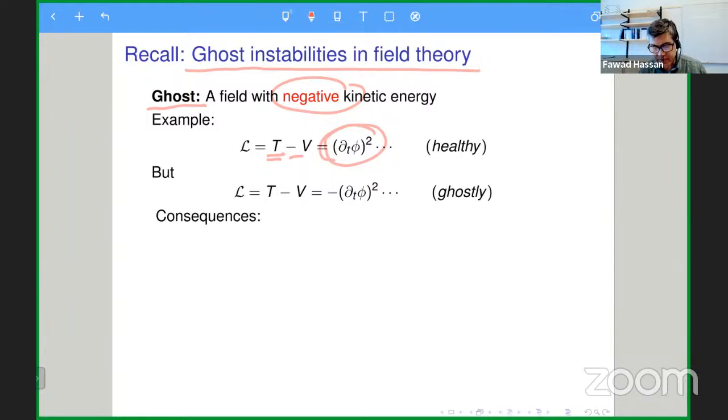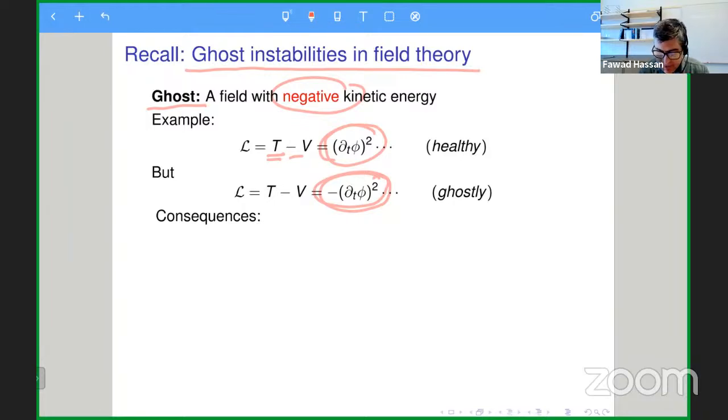That's a very standard structure, and this is a healthy theory. But if your Lagrangian contains the velocity of the field squared with a minus sign, then that's a ghostly theory, and this field phi would be a ghost. That's the general notion of a ghost in field theory: fields with negative kinetic energy.